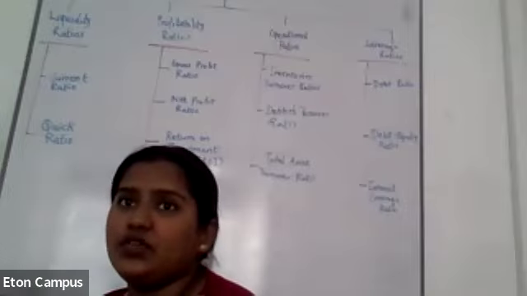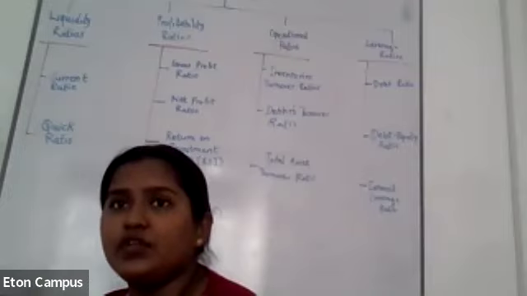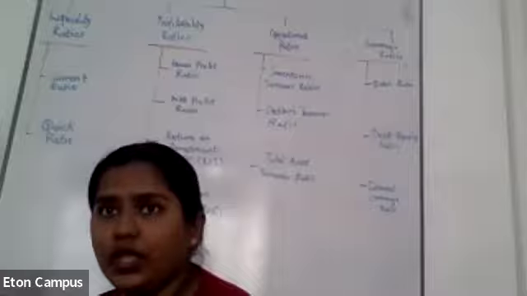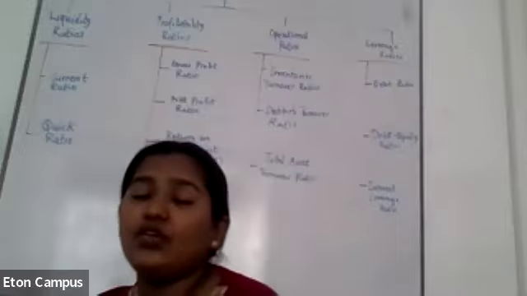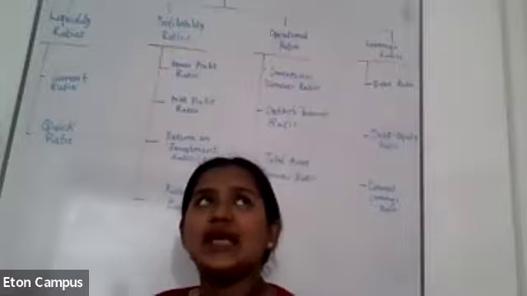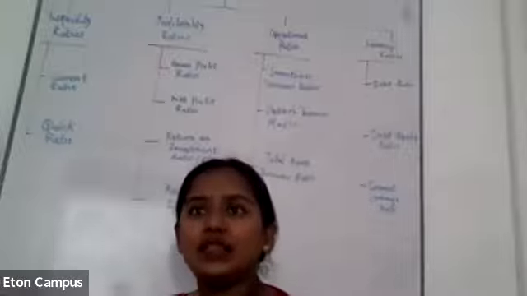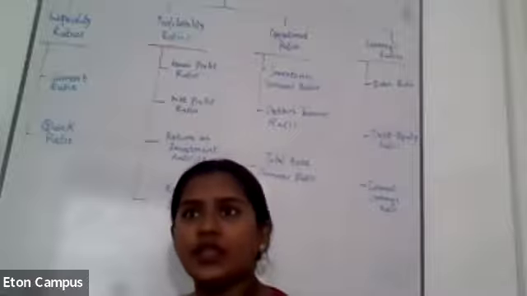And solvency is how we are able to keep this organization sustainable. Also, one important thing ratios can do is let us compare with the other companies in the industry and see where we stand.